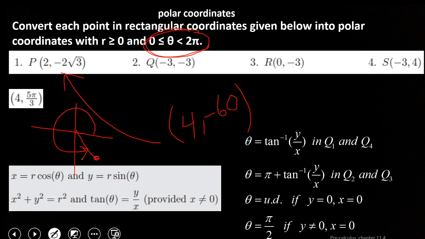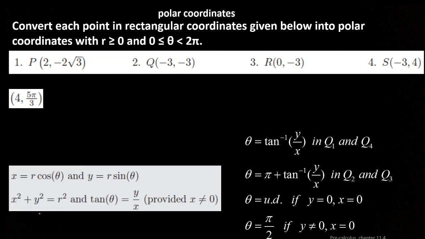Well, that would be 300, right? And 300 in radian is 5 pi over 3, right? Because 360 is 6 pi over 3. I mean, 2 pi is 6 pi over 3. So if you go with what we are given, then we're going to have to write it exactly like we are told.